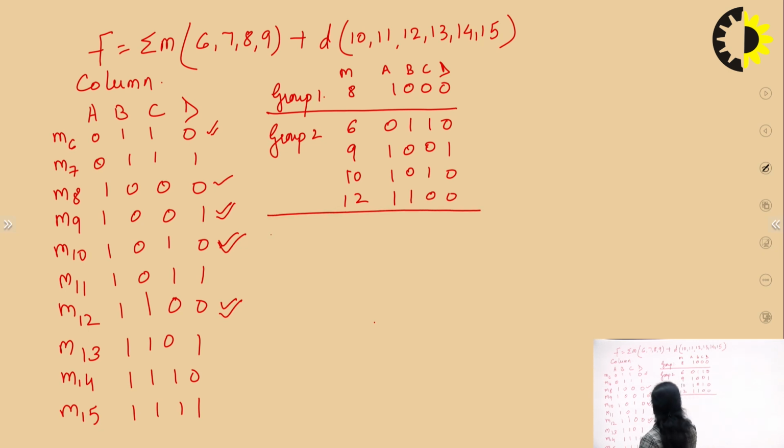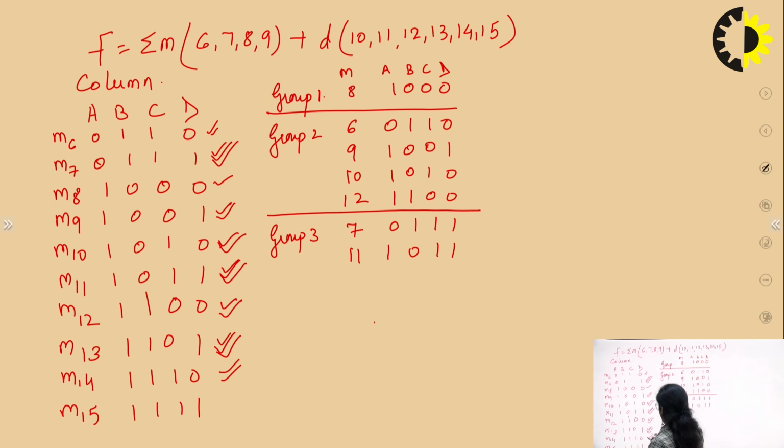Now group 3, where we will have 3 ones in the min term. So it's 7, then we will have 11, then we will have 13 and 14.